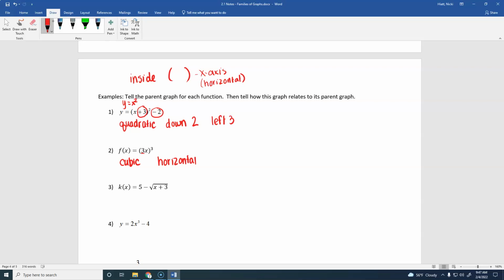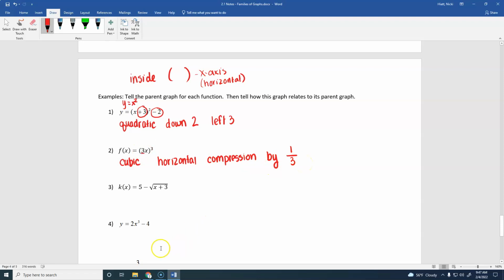So this is going to be a horizontal compression by a factor of, so if it is a horizontal compression inside of the parentheses, we have to do 1 over that number that we see in the parentheses, so 1 over 3. And all compressions should have a small number, right? So it's a big number in the equation, but it's a small number when you're talking about the factor.